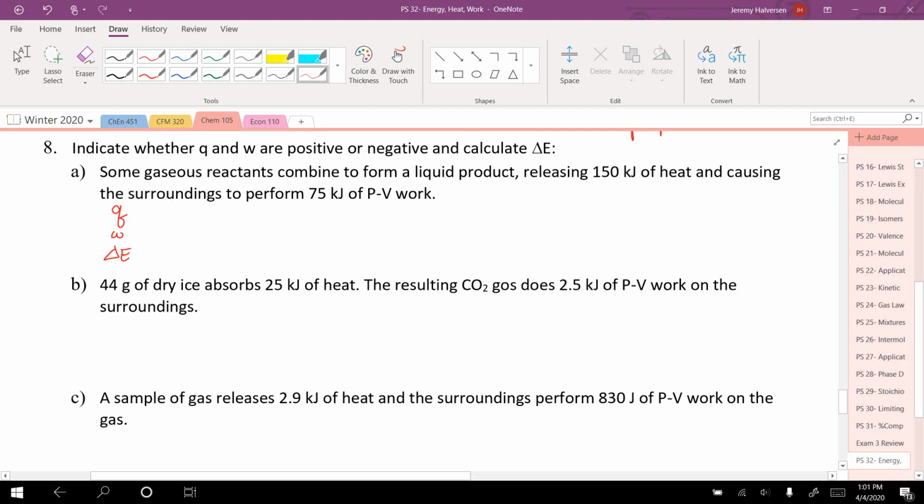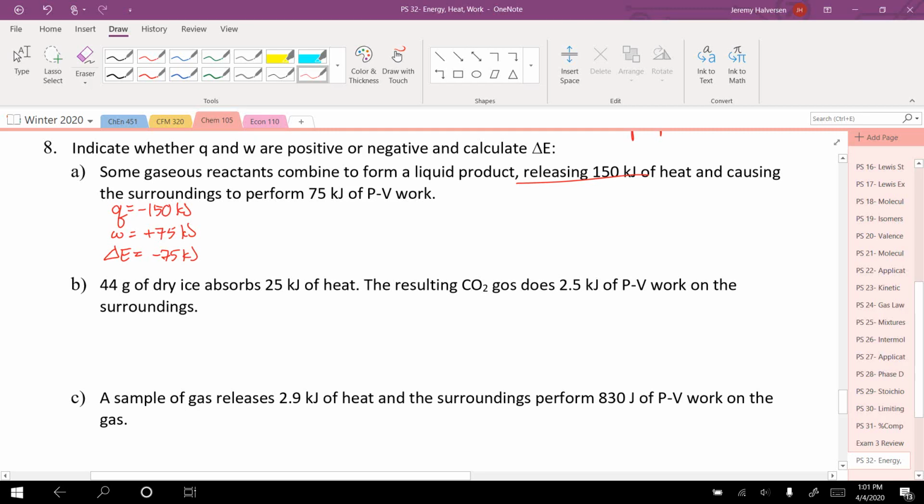Some gaseous reactants combine to form a liquid product, releasing 150 kilojoules of heat, so Q is negative 150 kilojoules, and causing the surroundings to perform 75 kilojoules of PV work. So the surroundings are doing the work on the system, and when that happens, that's positive, which means delta E is negative 150 plus 75, which is negative 75 kilojoules.